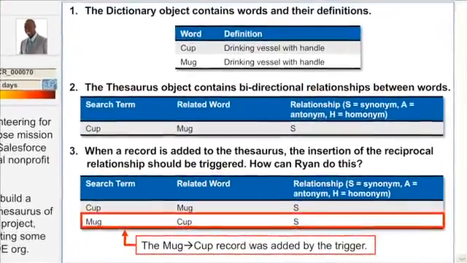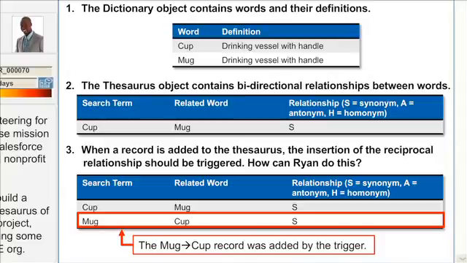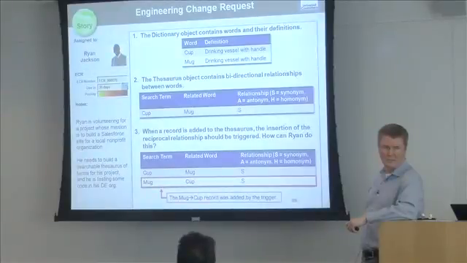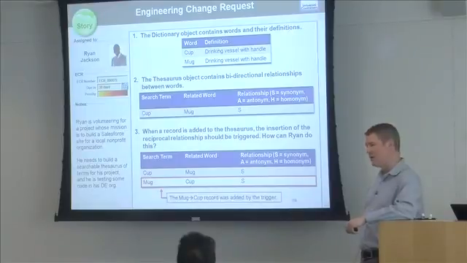If we insert a cup into this dictionary object and indicate that mug is a related word and a synonym, we want a trigger that inserts mug indicating that cup is a synonym of it. We're doing cross-linking: if mug is a synonym of cup, then cup is a synonym of mug, so we need two synonym entries.